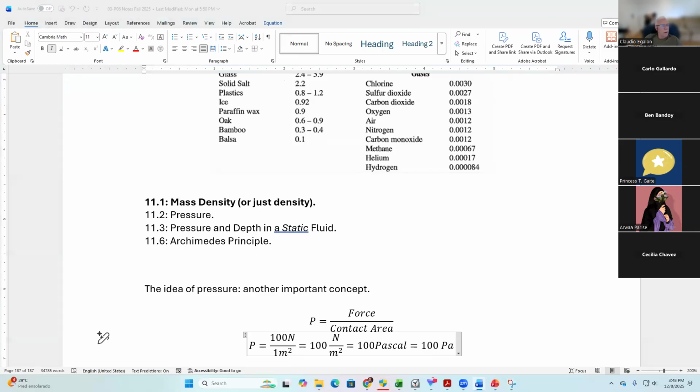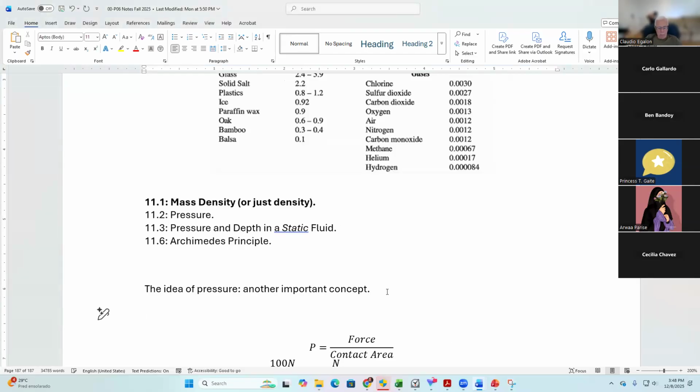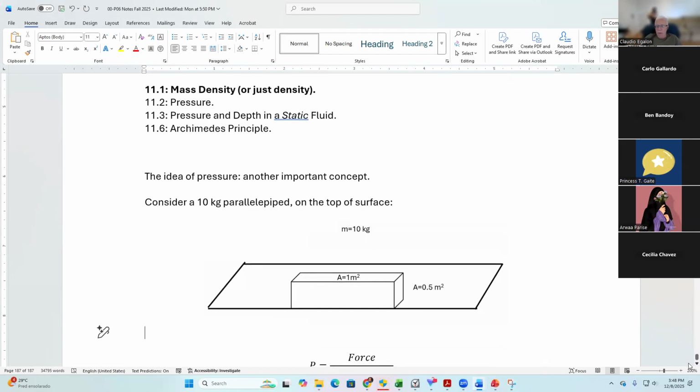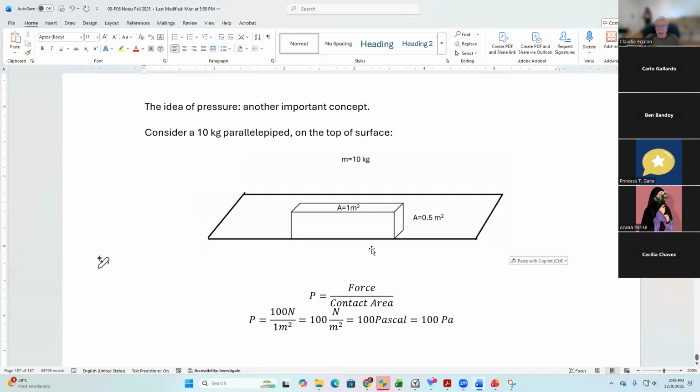Here you go. Consider a block like this one, 1 square meter, mass 10 kilograms. This block is applying a force on this surface equal to 100 newtons. 10 kilograms times g, right?